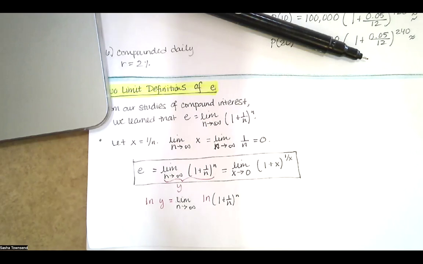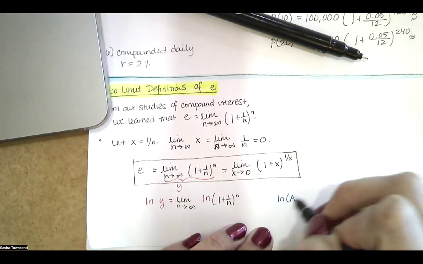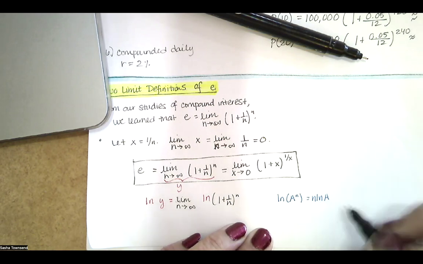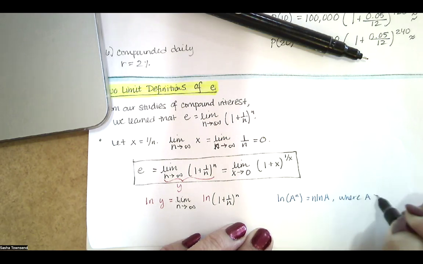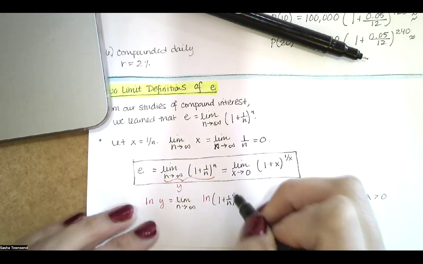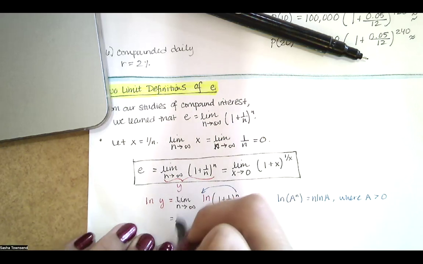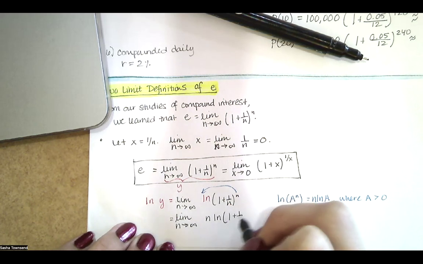Then using our log property, that log of a to the n is n times log of a on their common domain, where a is positive, we can bring that n out front. So we have n times natural log of 1 plus 1 over n.